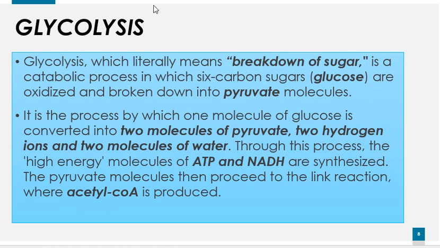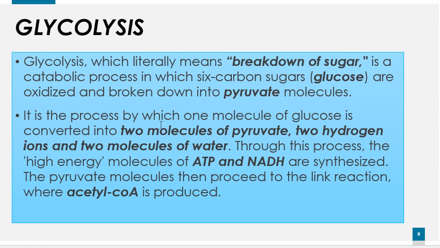So glycolysis simply means breakdown of sugar. Breakdown of sugar kay ato ang i-break down si glucose, which is a sugar. Makuha ang glucose from the food that we eat. So si glucose, i-break down na siya para mahimong pyruvate molecules.